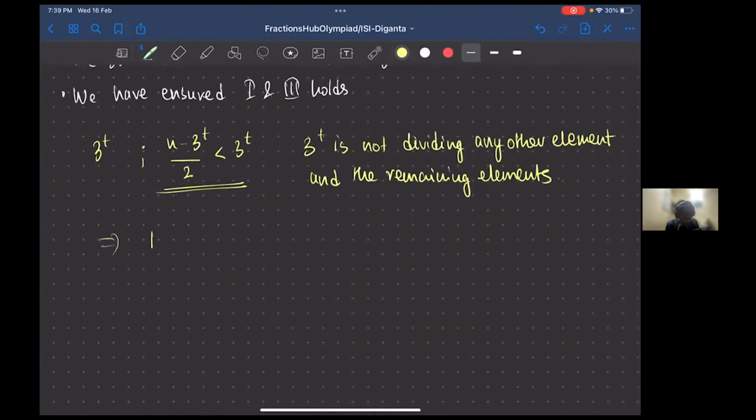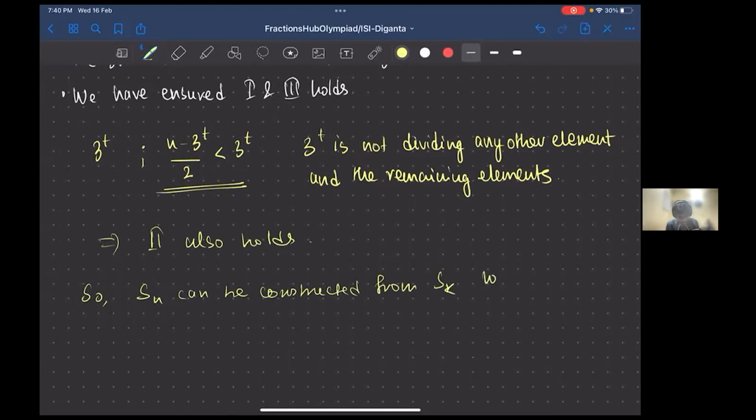This implies 2 also holds. So Sn can be constructed from Sk, where k is less than n, having all the desired properties.